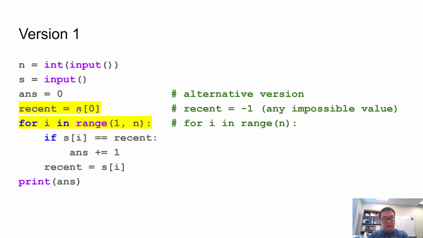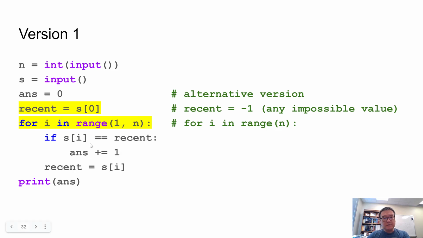So here in the code, I just remember the first one as the most recent. Then I'm starting from index 1, the second element. The logic in the loop is very simple. If the current one is the same as the recent, then we have to throw the current one, s[i], away. So we add 1 to the answer. And in any case, we update the recent to be the current one.